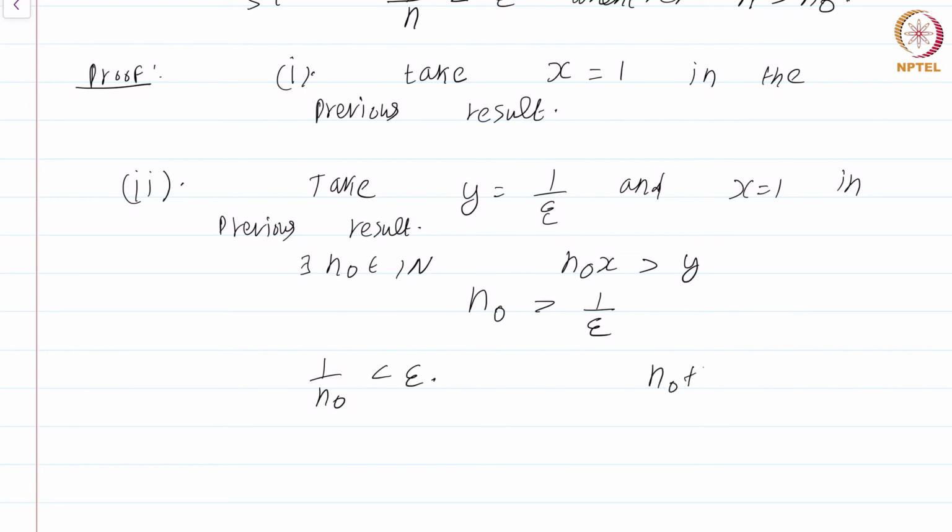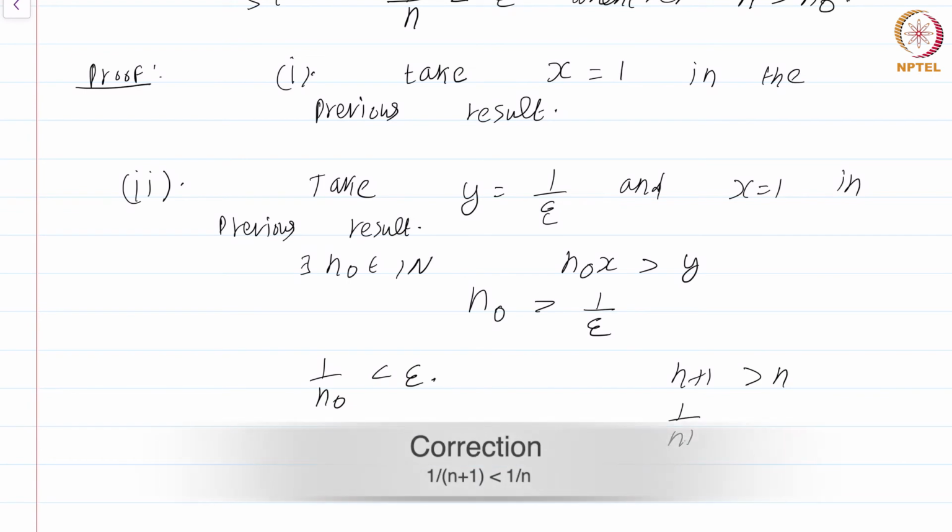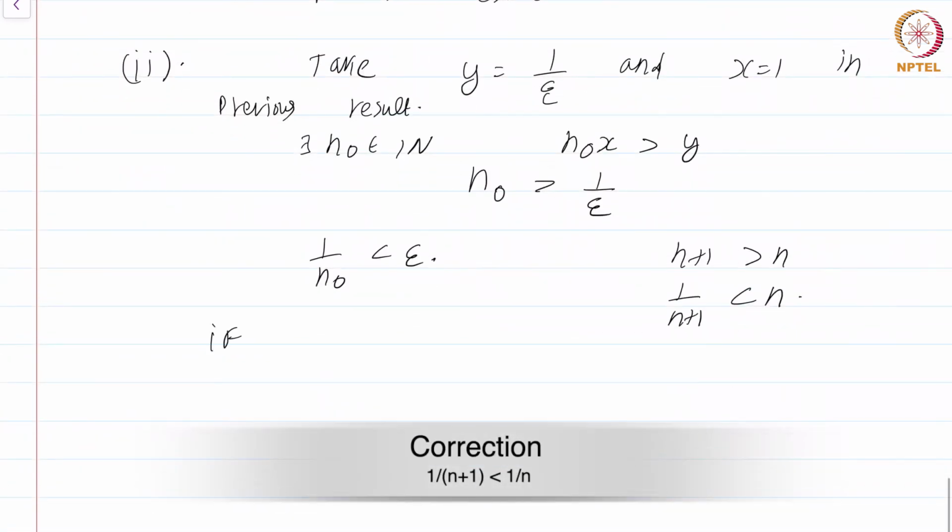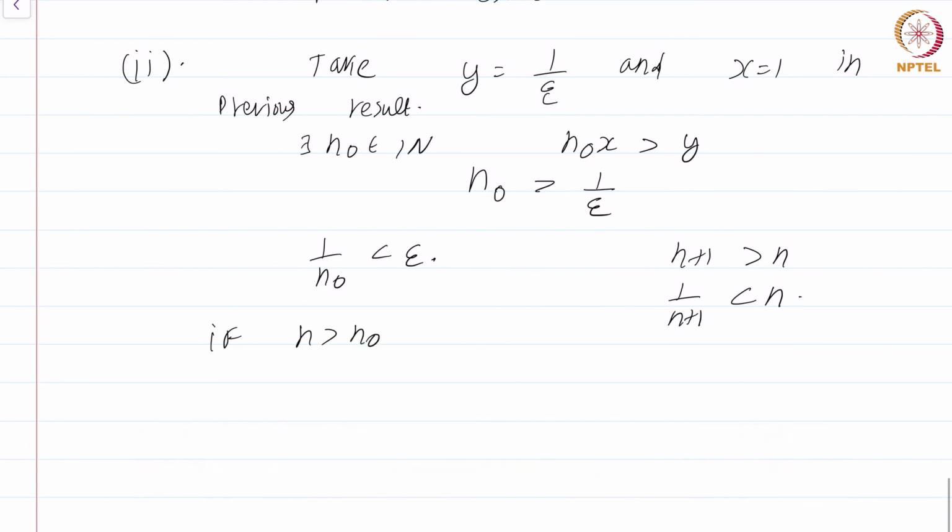But from the fact that n plus 1 is greater than n, we immediately get that 1 by n plus 1 is less than 1 by n. So if n is greater than n naught, then 1 by n is also less than epsilon.